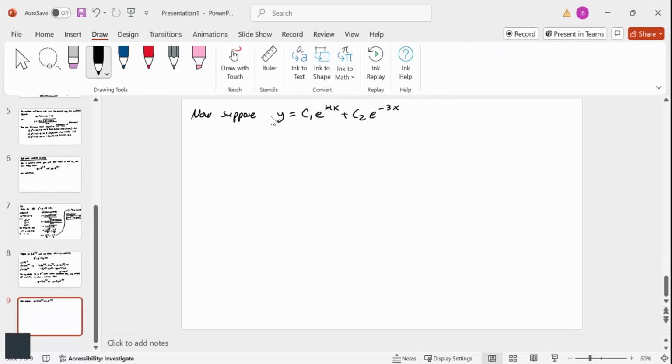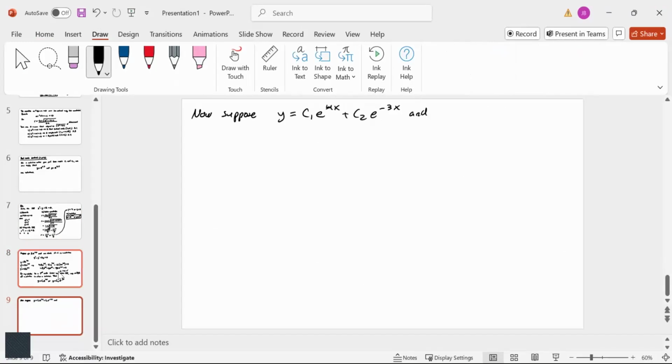We just take derivatives, right? And we check if it is a solution to y double prime minus y prime minus 12y equals 0.